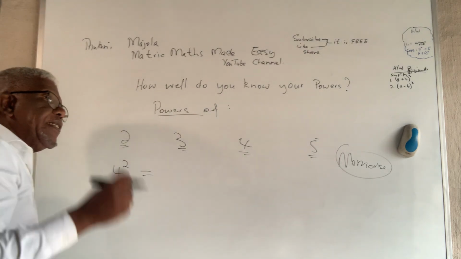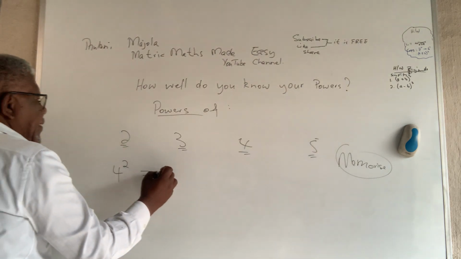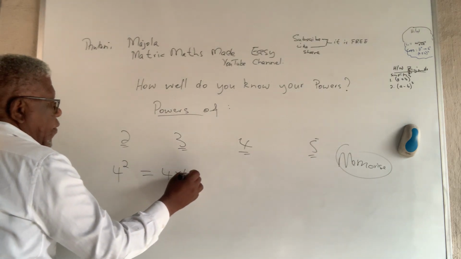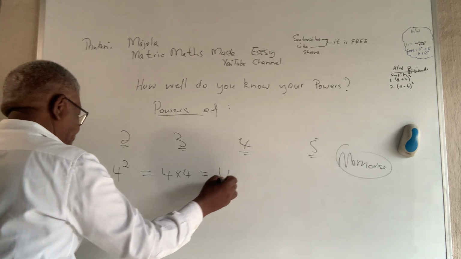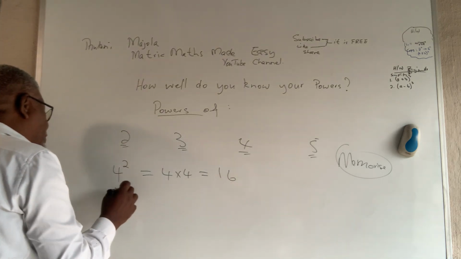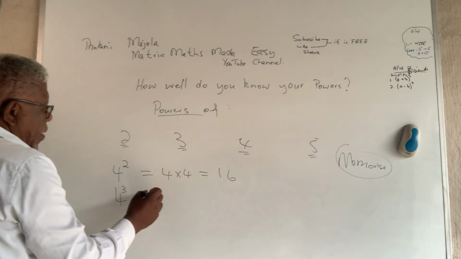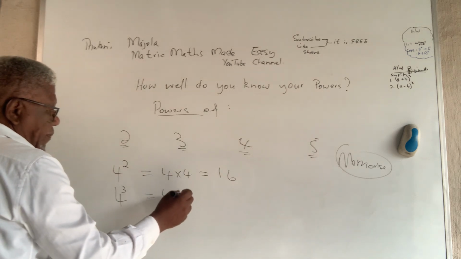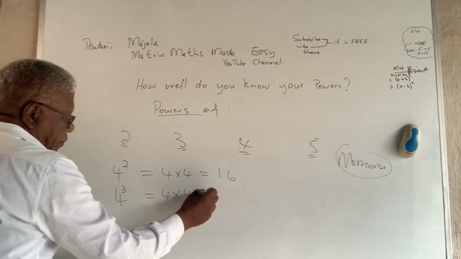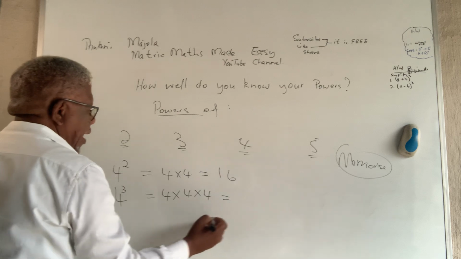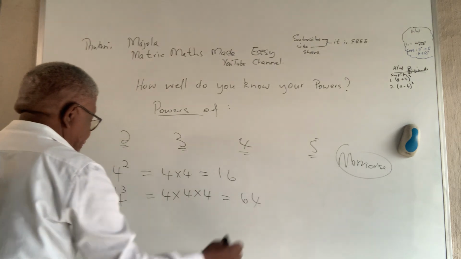And then 4 to the power of 2. Again, from the multiplication table, we know that 4 squared is 16. So 4 times 4 equals 16. And then 4 cubed, 4 multiplied by itself 3 times, is 16 times 4, that's 64.